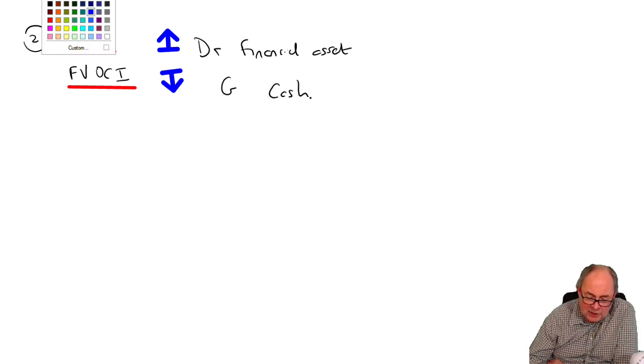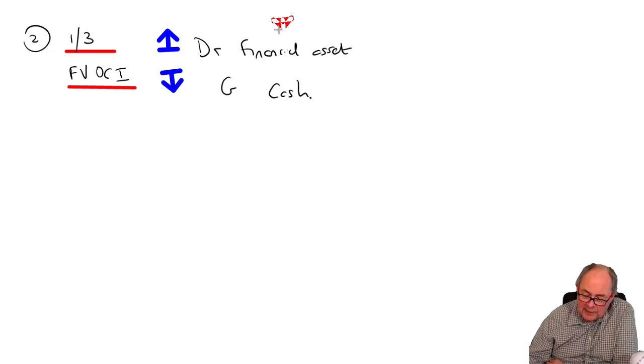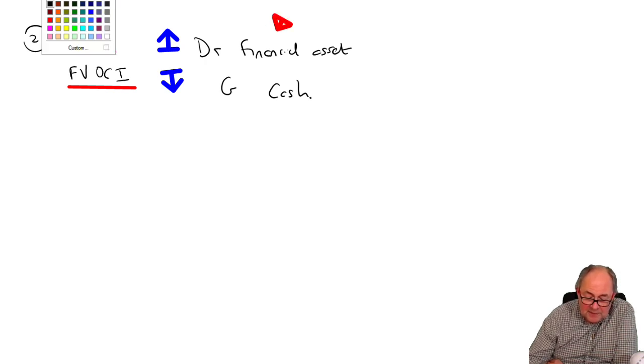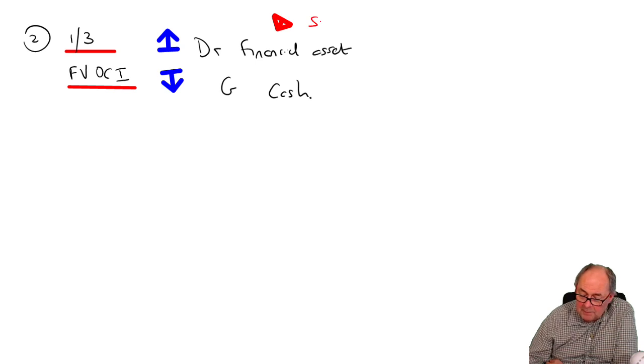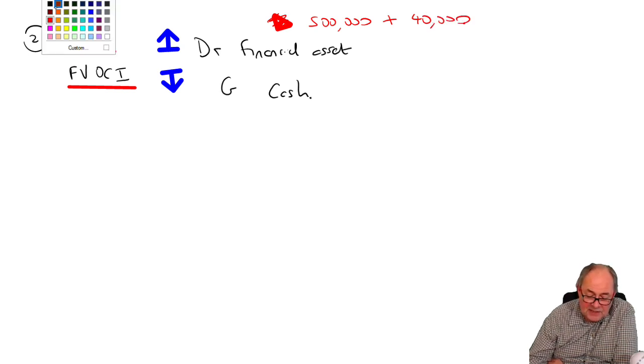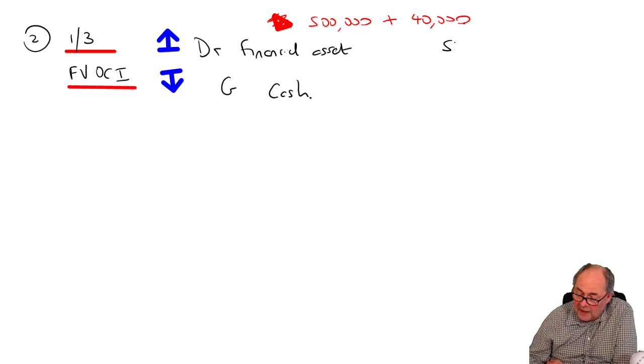So the financial asset is going up by, again I'll use single dollars, 500,000 plus 40,000. That's an increase of 540,000.